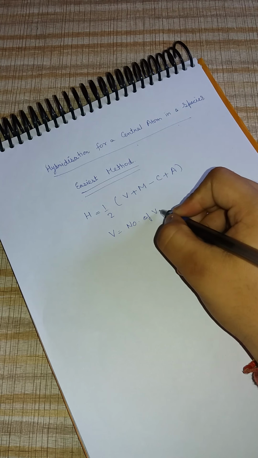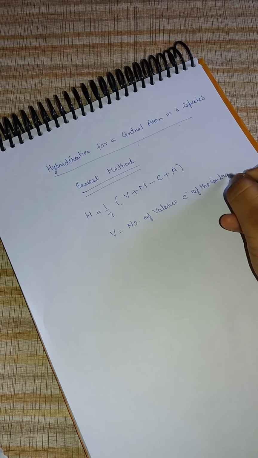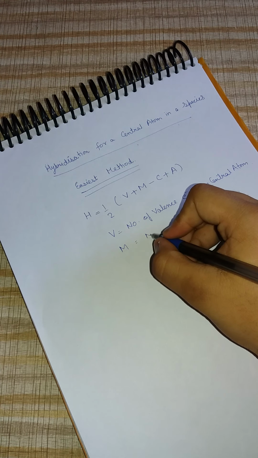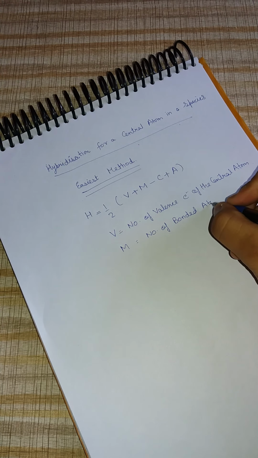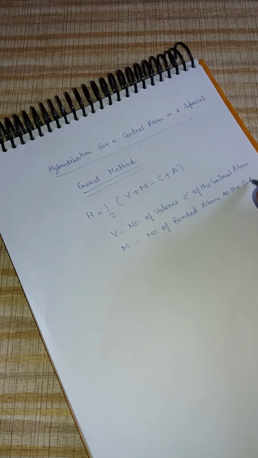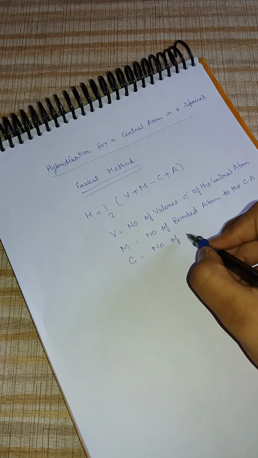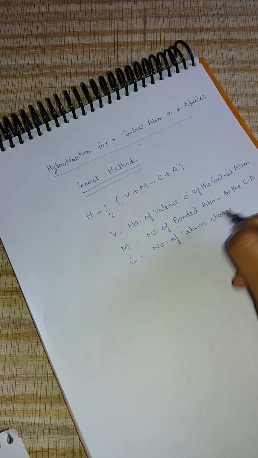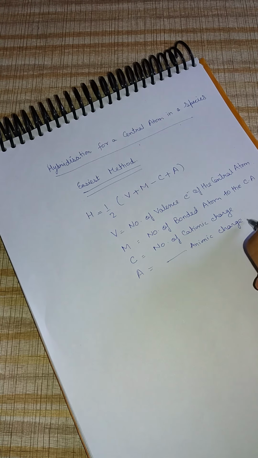M stands for the number of bonded atoms to the central atom. C stands for the overall cationic charge on the molecule, and A stands for the overall anionic charge on a particular molecule.